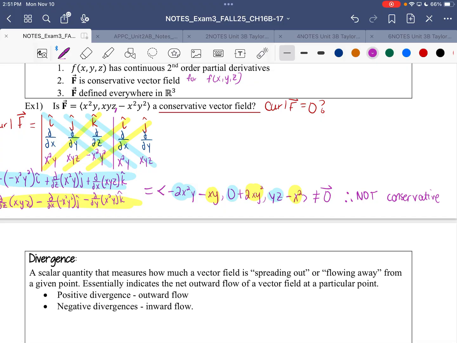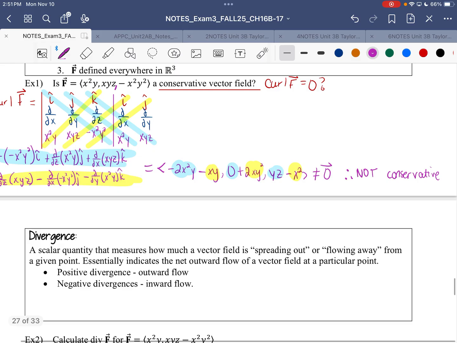It's really in differential equations when you'll learn how to handle something that is not conservative. Well, not so much in this class. Divergence.